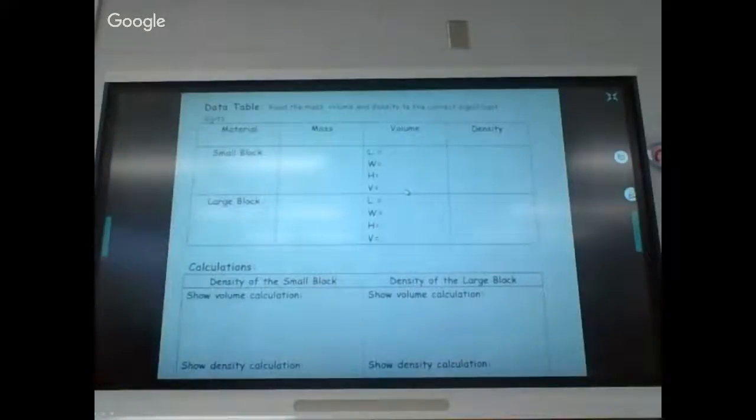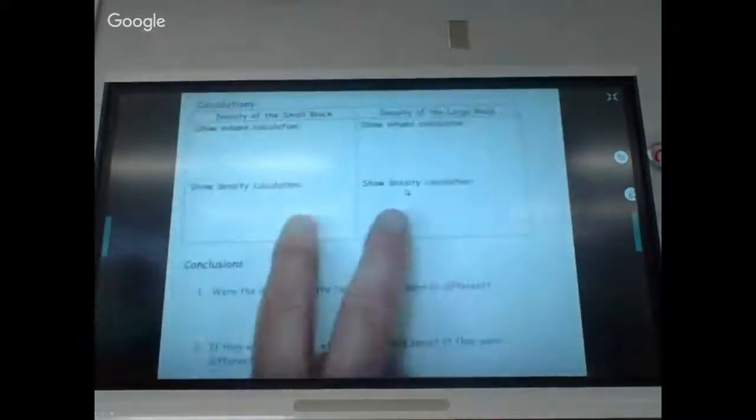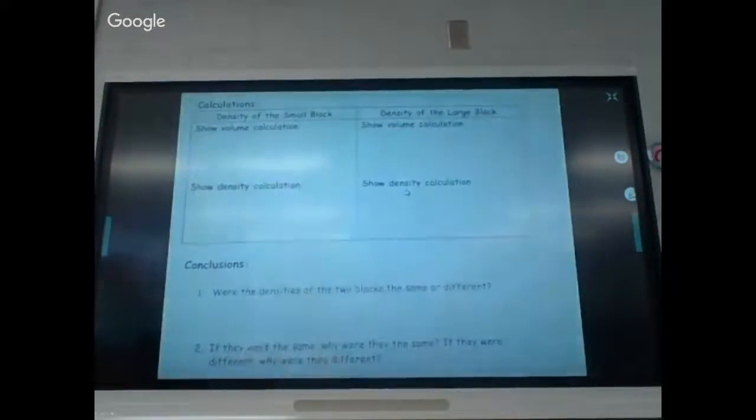Now, at the bottom, where it shows calculations, this is where I should see your work. Now, if you don't show me the work, do I know how you got those numbers? No. I'm not going to pick up my calculator and punch in 27 people's volume numbers to see if they're correct.